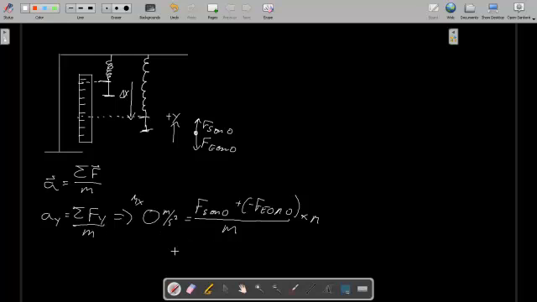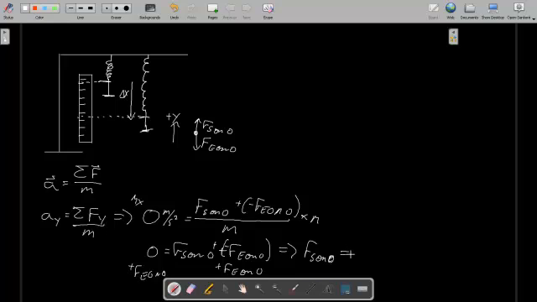So what we end up with is that 0 equals the force of the spring on the object plus negative force of the earth on the object, which means that we add the force of the earth to both sides, and we see that the force of the spring on the object is equal to the force of the earth on the object. So in order to figure out what the force of the spring is on the object, all we had to do is calculate what the force of the earth on the object was.